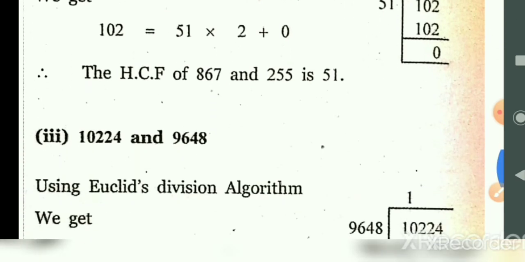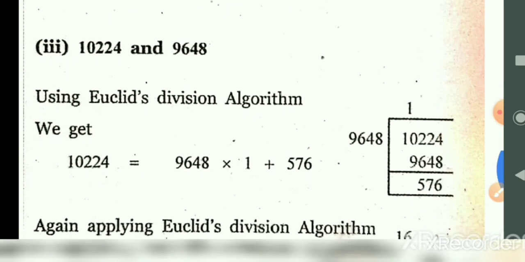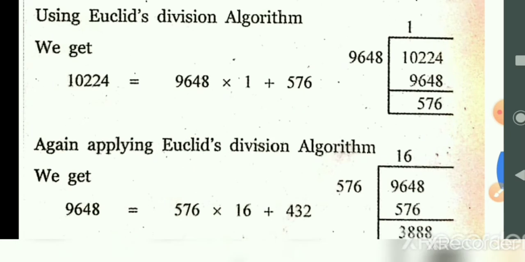So next, the third subdivision of the sixth question: 10,224 and 9,648. Don't fear this one, large numbers but a simple one. Using Euclid's division algorithm, 10,224 is the dividend, 9,648 is the divisor, into 1 plus 576. 576 is not equal to 0, that is the remainder.